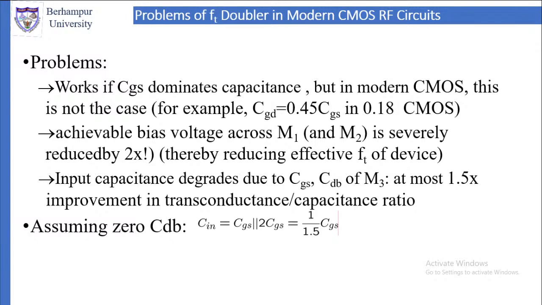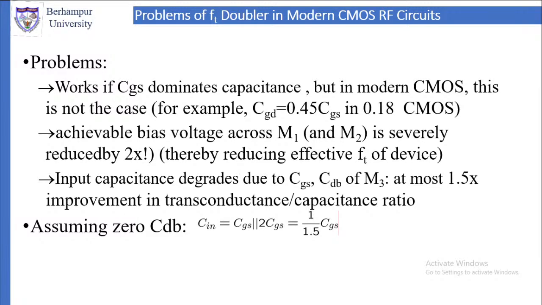Now, if we use the FT doubler, what are the problems that we face? Particularly in modern CMOS RF circuits, the first problem is it works if CGS dominates the capacitance. But in modern CMOS circuits, this is not possible.